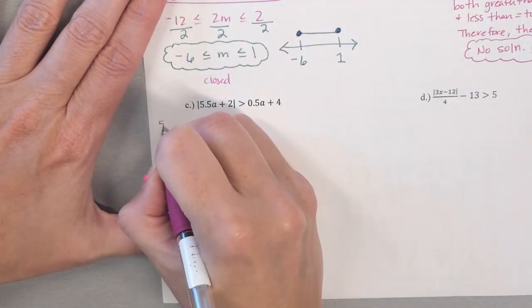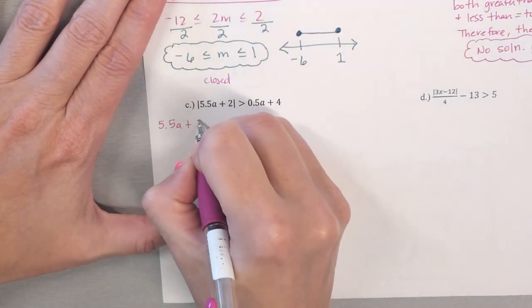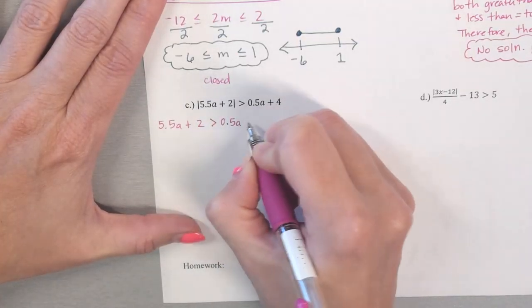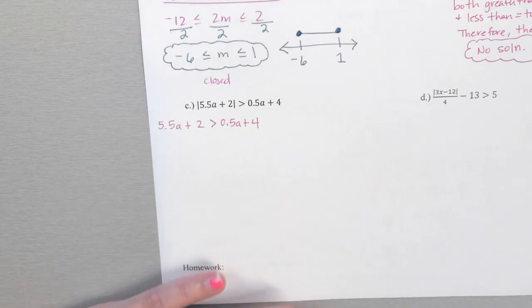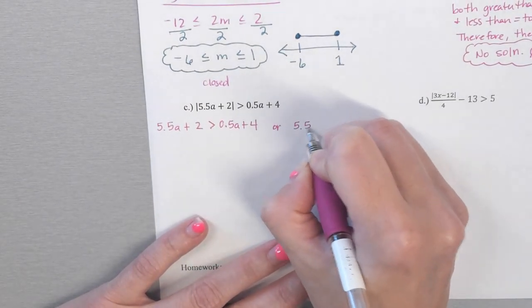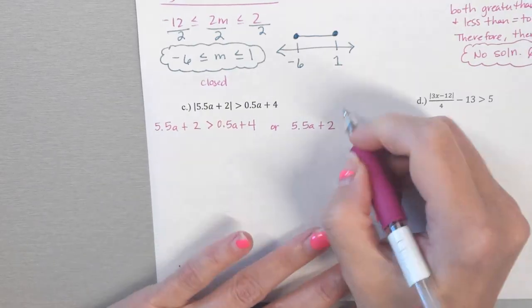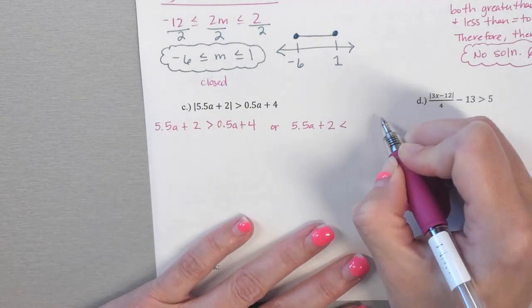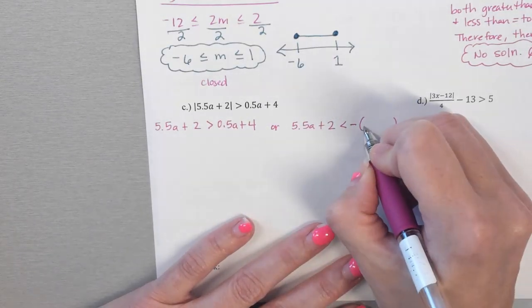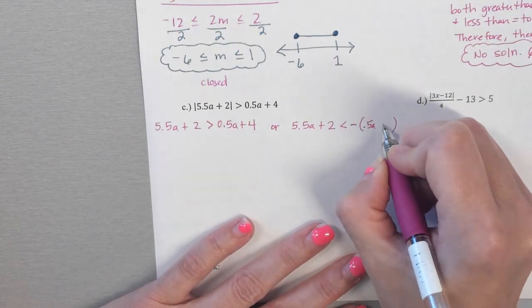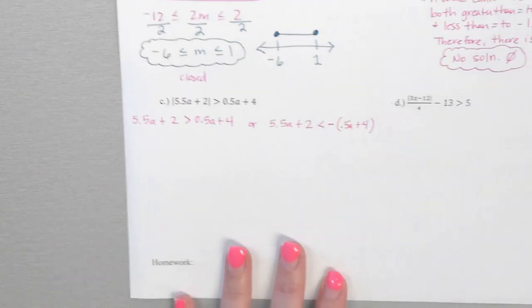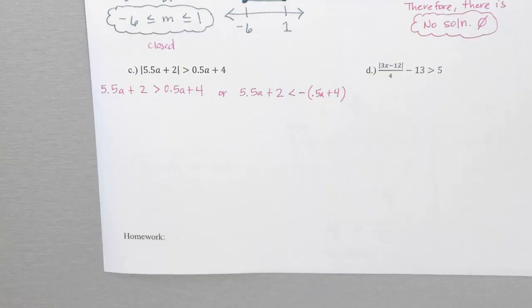You have 5.5a plus 2 is greater than 0.5a plus 4, or 5.5a plus 2 is less than, and when it's the opposite and you have two terms, please put them in parentheses so that you remember to distribute.